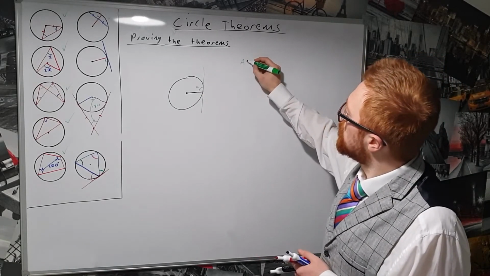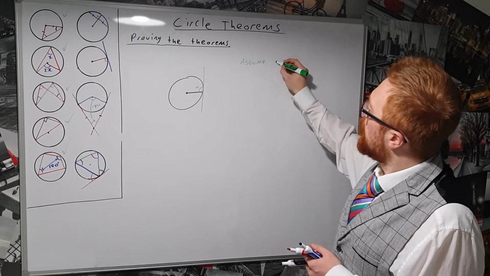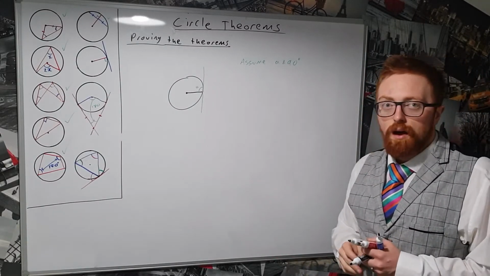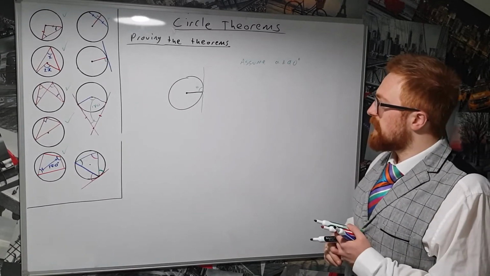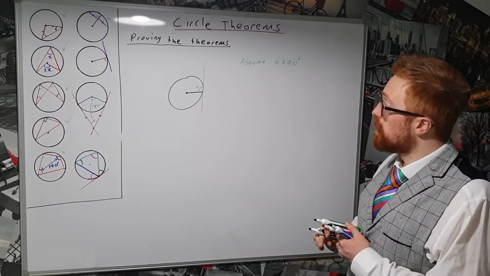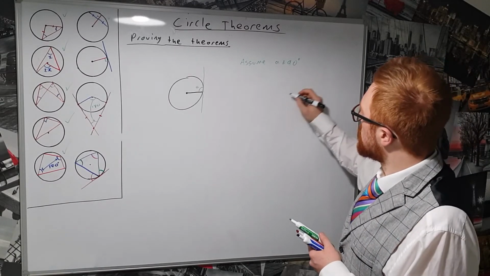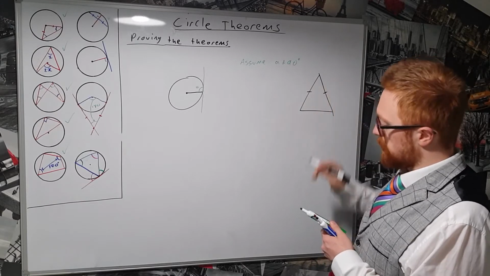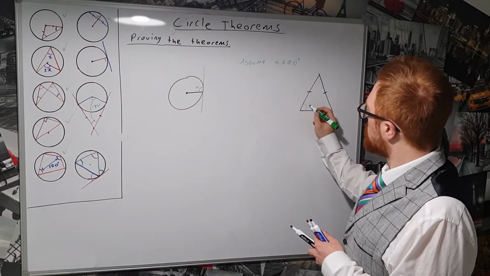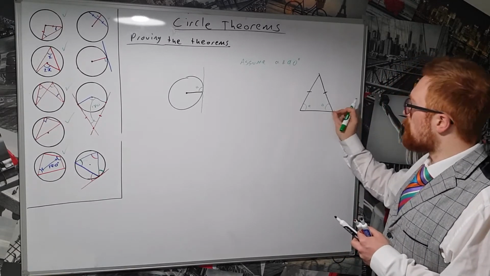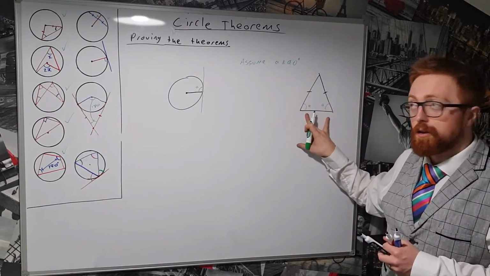Okay, so let's assume A is not equal to 90. Well, if it's not equal to 90, then we can form an isosceles triangle with it. So if A is not equal to 90, then we can form an isosceles triangle where this is equal to A and this is equal to A. Remember, if A is equal to 90 degrees, we can't do that.